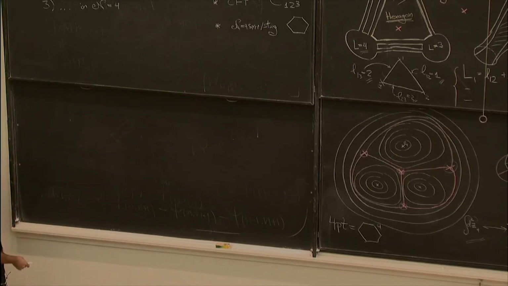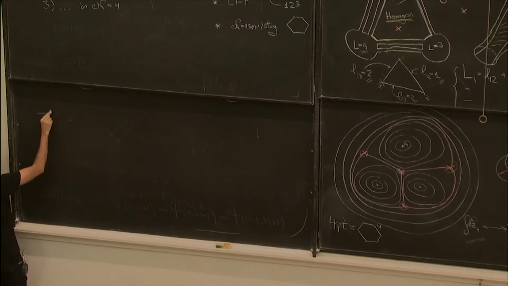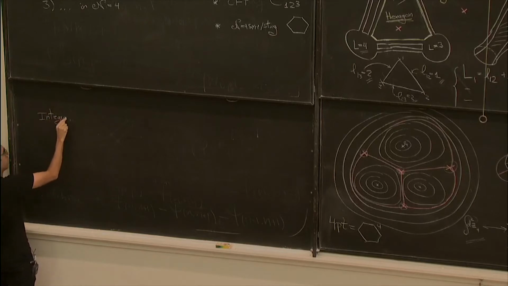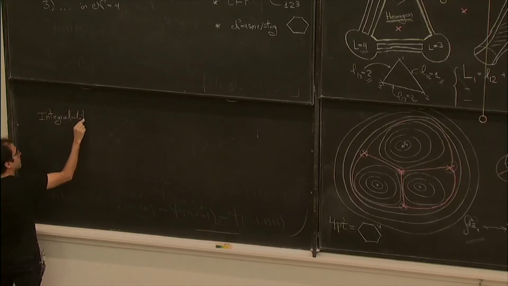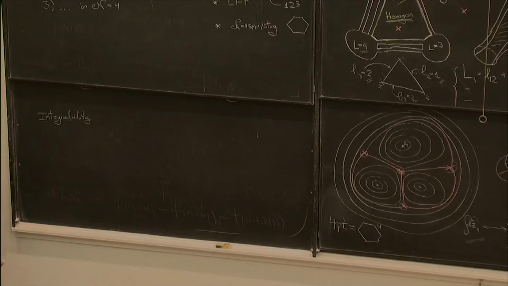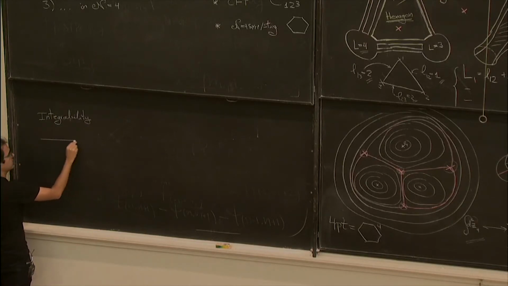So I just want to point out that normally in integrability, we proceed in the route that Shota is describing. First you study one particle and you learn what's the energy of one particle.